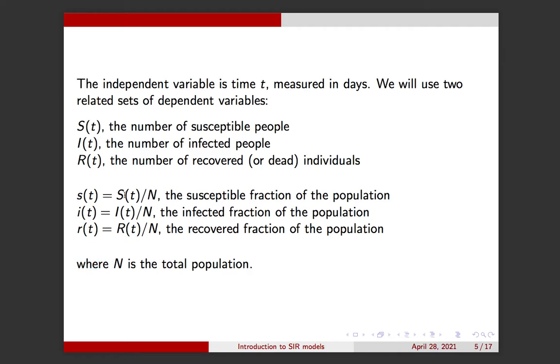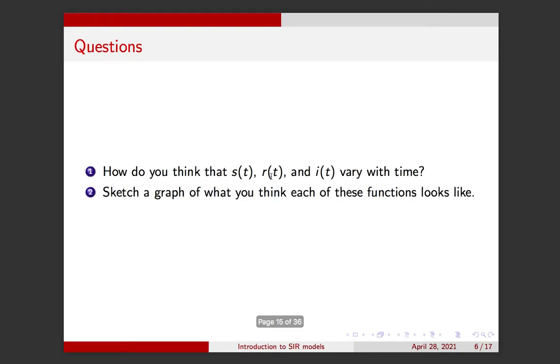So lowercase s is the proportion of people susceptible, lowercase i, proportion of people infected, and so on. So when you build an SIR model, you either have capital SIR or lowercase sir, depending on if you want to deal with raw numbers or you want to deal with fractions. The graphs will tell you the same thing. It's just the scale's a little nicer on these because now the vertical axis only goes from 0 to 1, right, when you're only dealing with fractions.